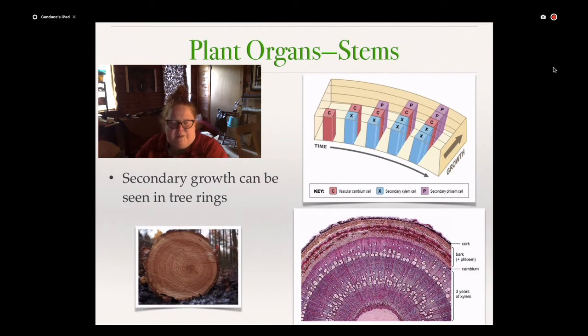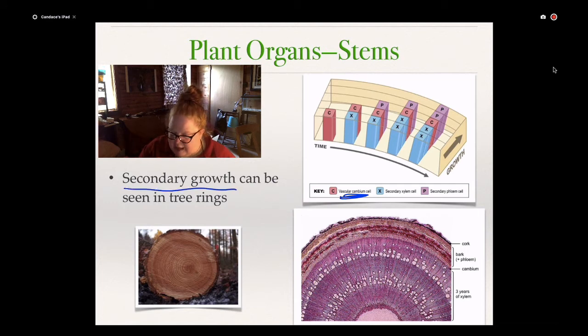Now, this is a pretty complicated concept, to really understand what these different levels are. We didn't even talk about this idea of cambium cells. But what I want you to take away from this is that what we see in those tree rings is this secondary growth.